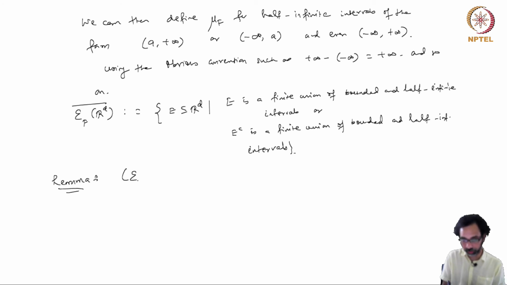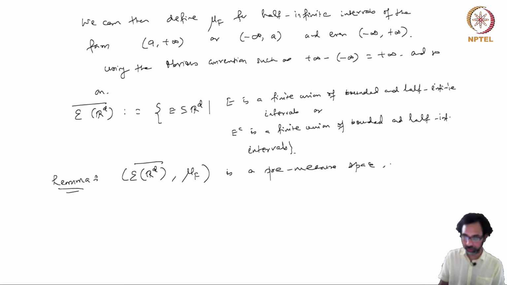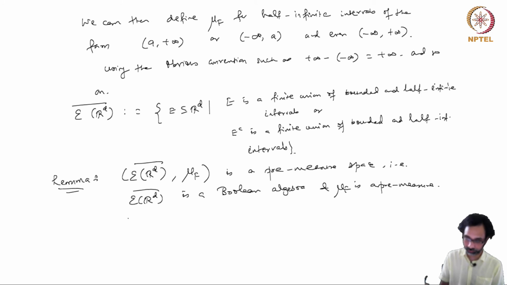Lemma: this Boolean algebra doesn't really depend on f, so E prime of Rd with the measure mu f is a pre-measure space, meaning that this is a Boolean algebra, and mu f is a pre-measure on this Boolean algebra.